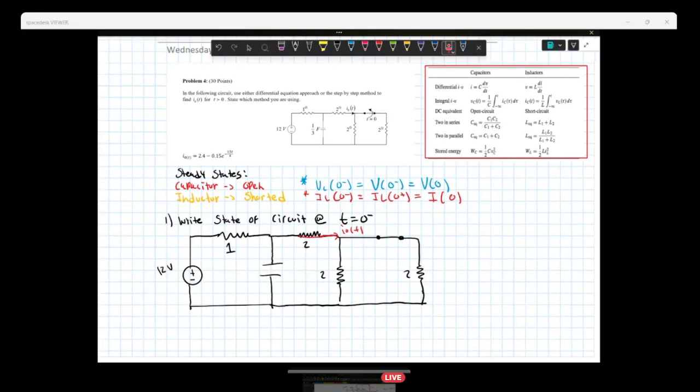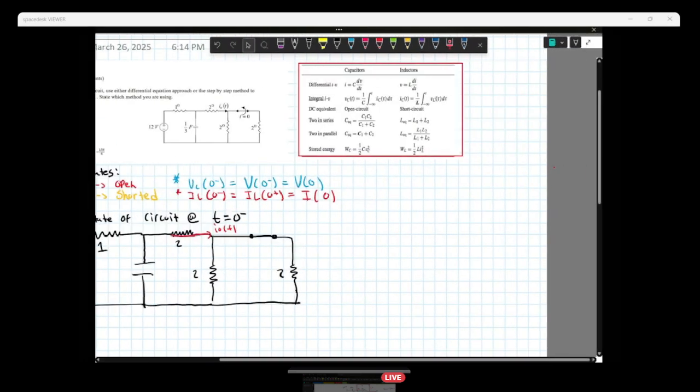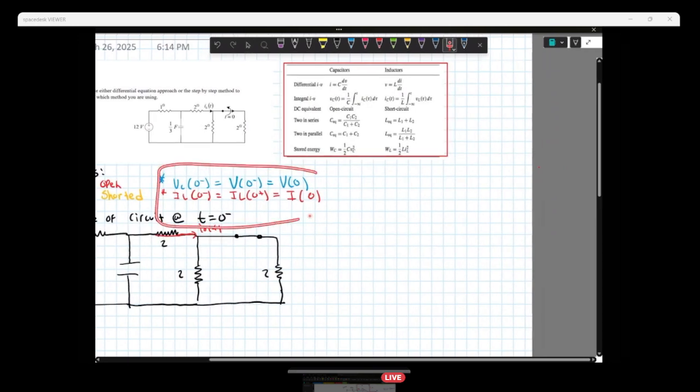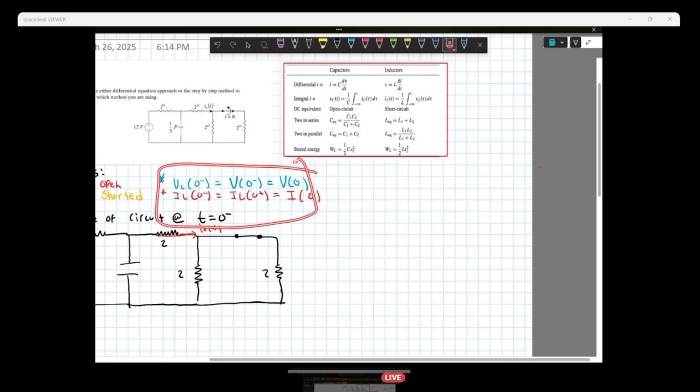Like if it's 2 volts before the switch opens, it can change to like 8 volts when the switch closes. This means you have to do a bit more work, because for storage elements, the moment you find the properties at V0 minus, you can immediately use that value for the next states of the circuit.